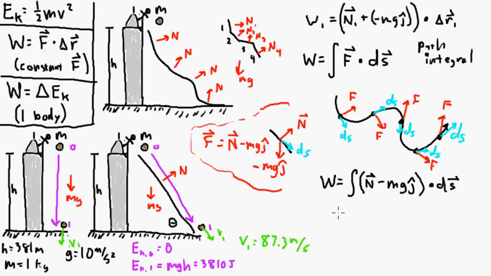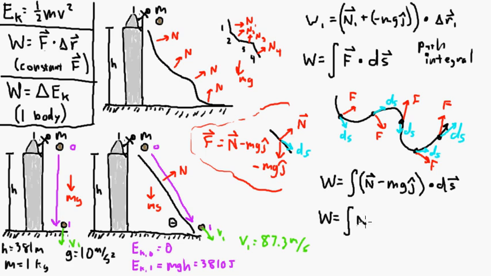Okay, so let's expand this out. Now, this is going to freak you out even more because I'm going to be distributing and doing more integrals, but trust me on this. So I'm going to distribute here.